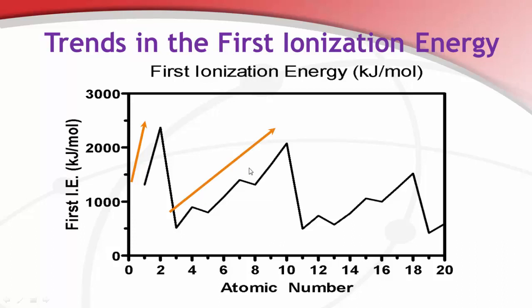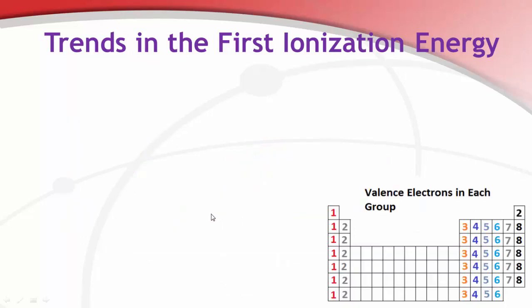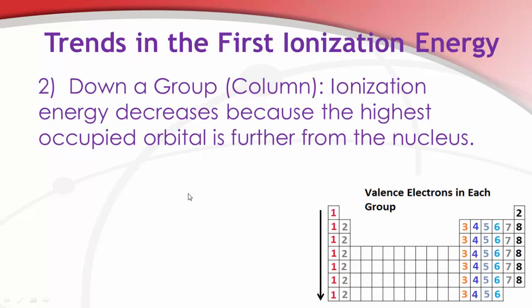and then another trend across the periodic table, going back to our noble gas, which is hard to ionize. And once again, we see this trend again going from the alkali metal through to the noble gas. So we see this increase in ionization energy associated with movement across the periodic table.